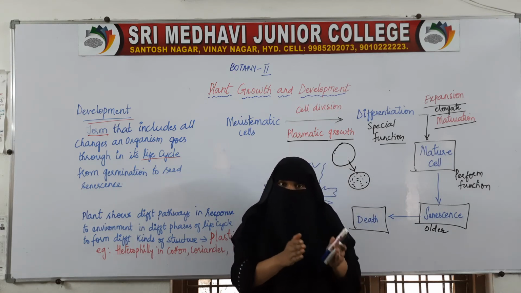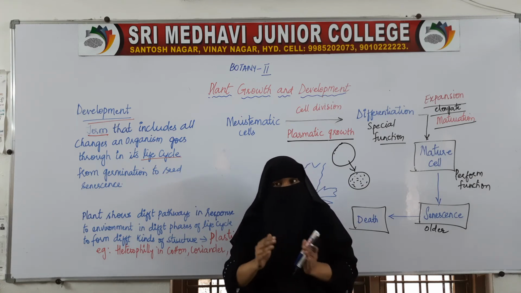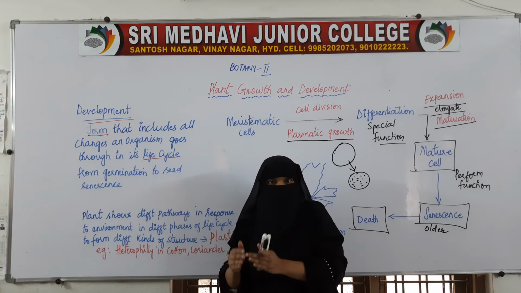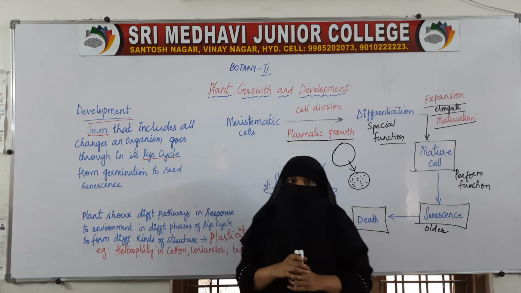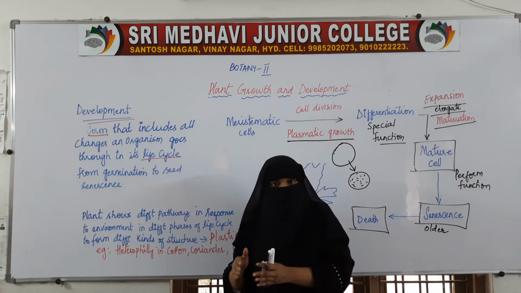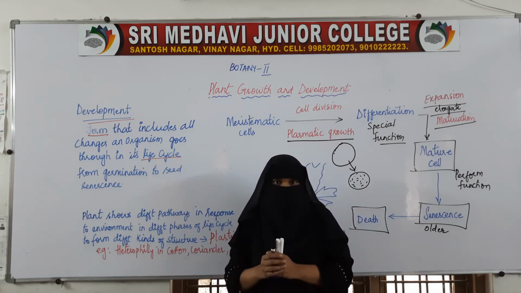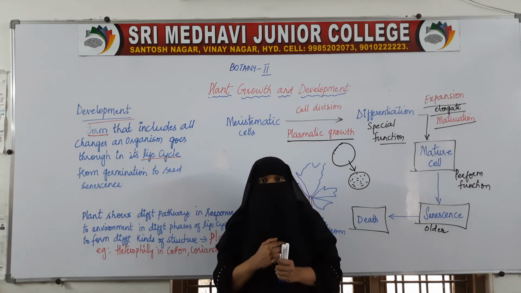In the juvenile phase, the response of the plant is different, and in the mature phase, the response will be different. That is, in the juvenile stage the structure will be different, and in the mature stage the structure will be different. For example, we see this in coriander, cotton, buttercups.